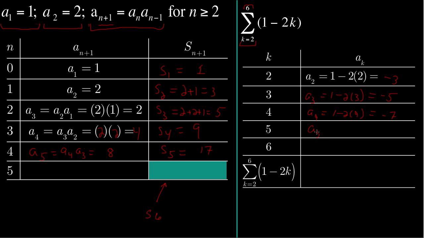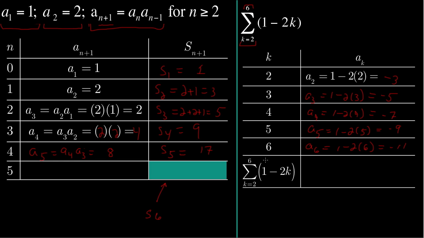I'm asked to plug in 5. 1 minus 2 times 5, which is negative 9. And I think we can see the pattern, negative 3, negative 5, negative 7, negative 9. And then plugging 6 into the formula, 1 minus 2 times 6 is negative 11. So to answer the final question, the sigma means take and add all those answers together.